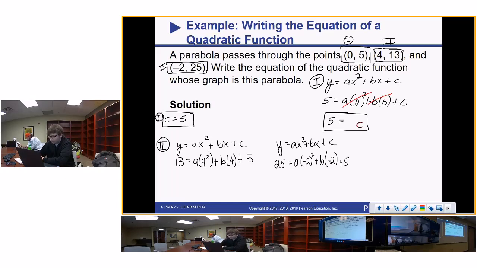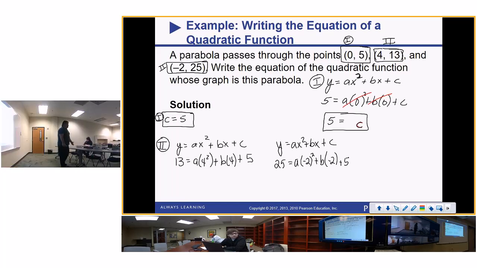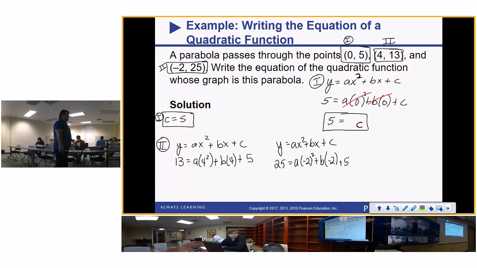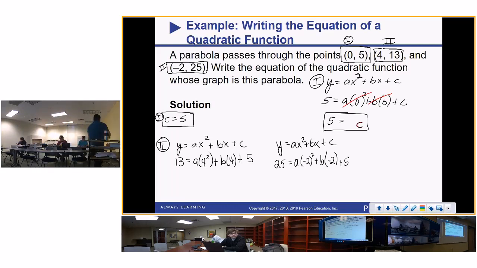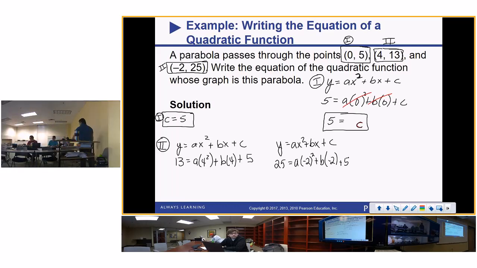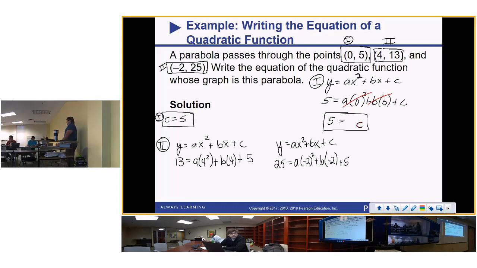And you're going to have two equations, two unknowns, and we're going to use solving systems of what? So I'm going to use elimination. But you should have something A plus something B is equal to a number. And then you'll have another something A plus something B is equal to a number. And you're going to use elimination and find A and B. So go ahead and do that.